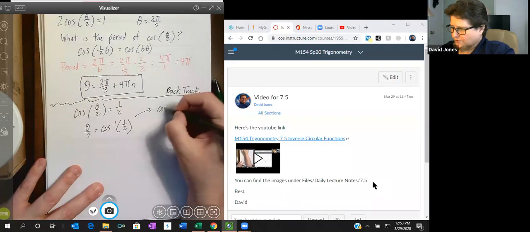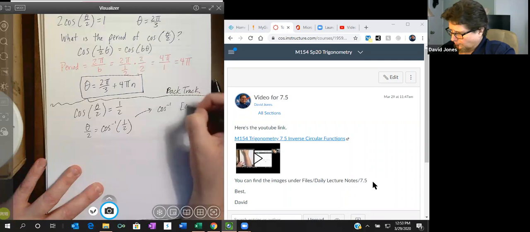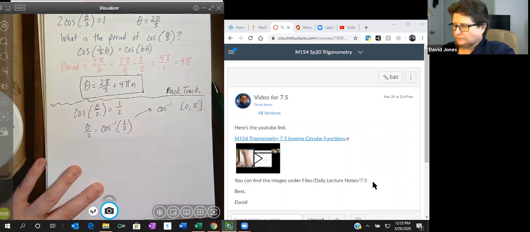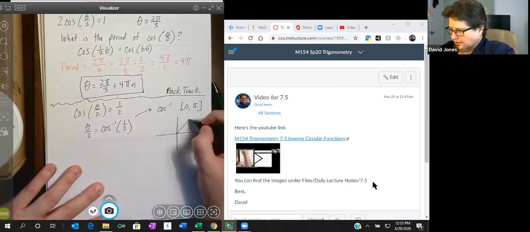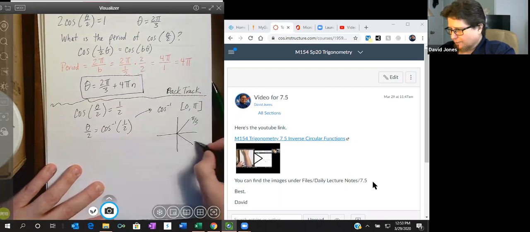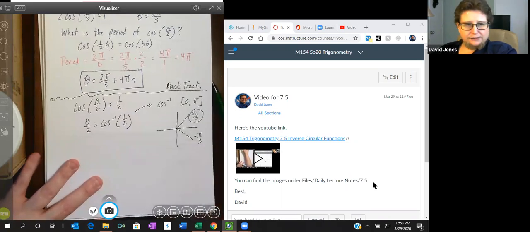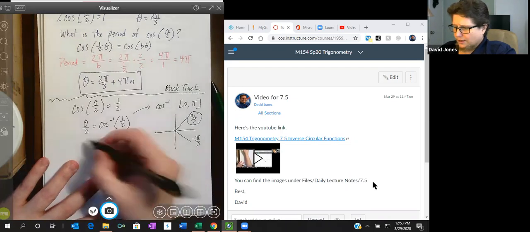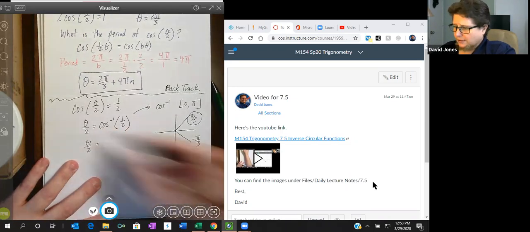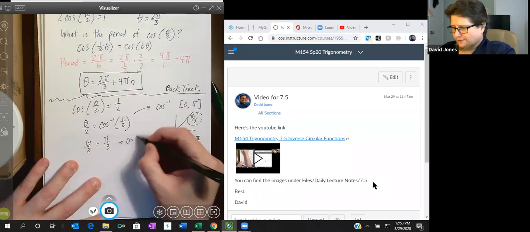Cosine inverse goes from 0 to pi. So the 1/2 values that work are right there, pi over 3 or negative pi over 3. Only that one's in the range. That's another approach of looking at it. So theta over 2 equals pi over 3. Theta equals 2 pi over 3.